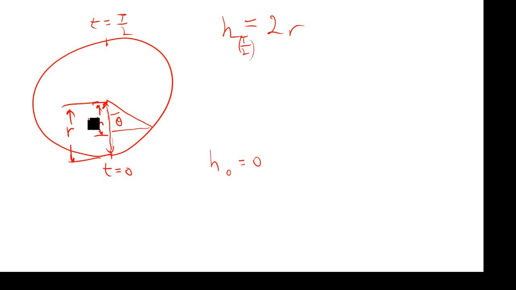Correct, the height of the man from the ground will be this. So it will be r minus h, height of man, which equals r minus r cosine theta.